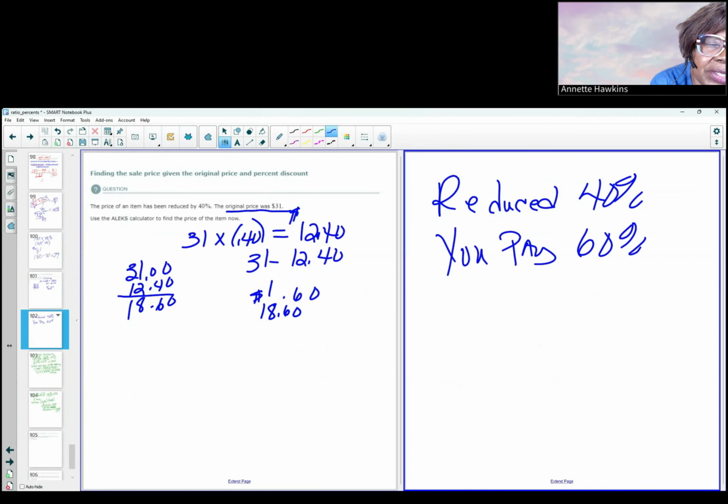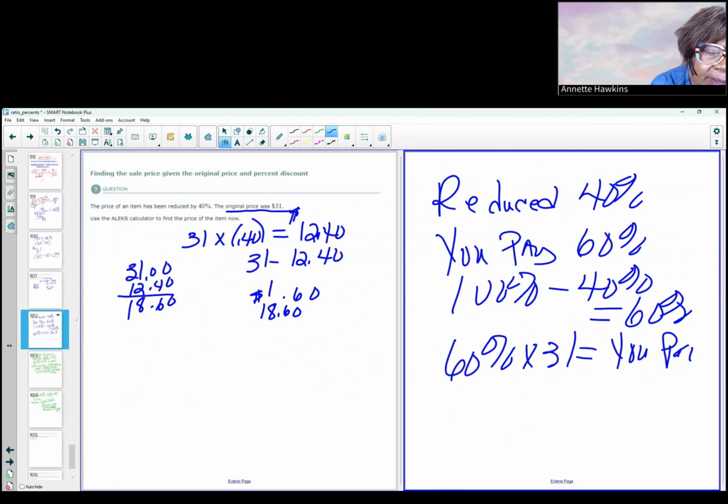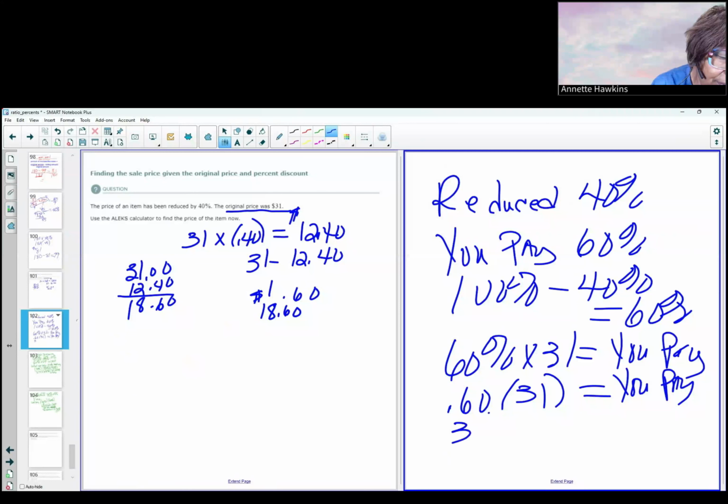Now, where did I get 60%? 100% minus 40% equals 60%. So since you're going to pay 60%, we say 60% times 31 equals what you pay. So this is 0.60 times 31. All right, so 31 and 60, 0, 6, 18, 18.60.